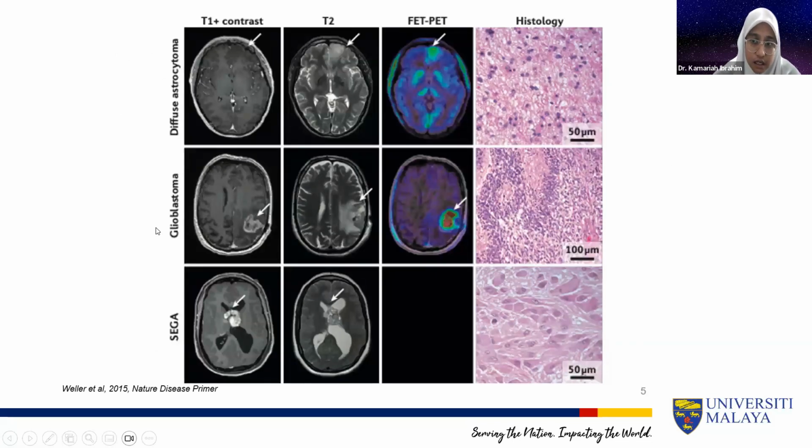This is just a representation of neuroimaging and histological features of glioma. You can see that in glioblastoma there is a necrotizing area that is much more prominent.